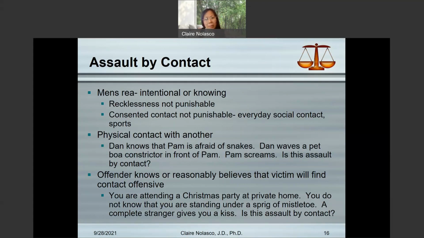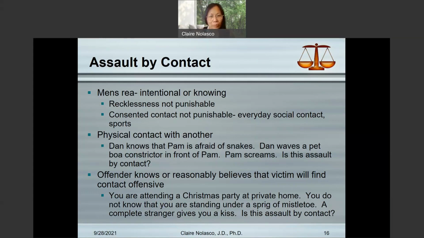Consented contact is not punishable. For example, everyday social contact, walking in crowded roads, or let's say you're at South by Southwest in Austin city limits, or in a concert where you have to rub elbows with people because everybody's shoulder to shoulder. That would not be assault by contact.